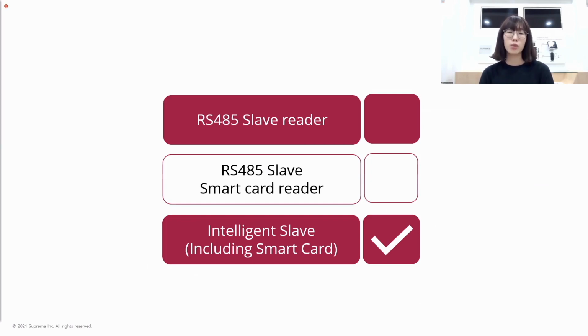The existing RS-485 slave does not store user information in the device; it only transmits data to the access control panel and operates depending on the access control panel's request command. The intelligent slave function released with BioStar 2.8.10 operates as a standalone device including software, but transmits data according to the authentication results to the access control panel.